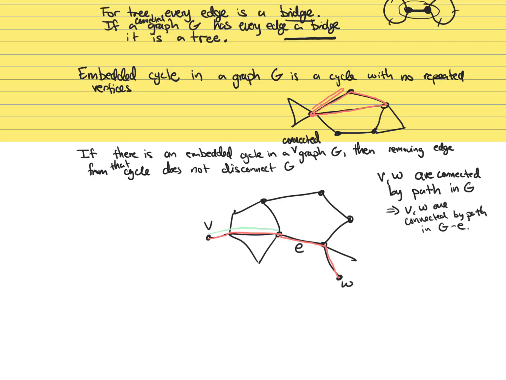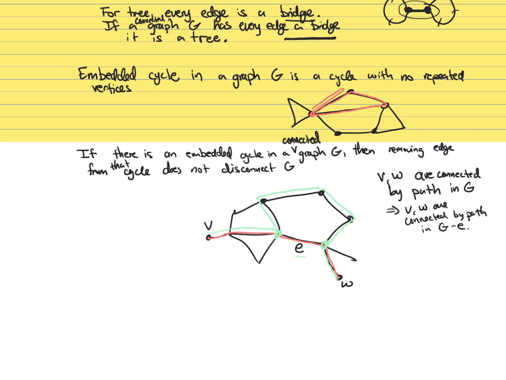This path is problematic because it passes through E, so I just use the rest of the embedded cycle to go around. This gives me an alternative way to cross between these two vertices. That means I can get between V and W without using E, and the same argument works for any one particular edge.